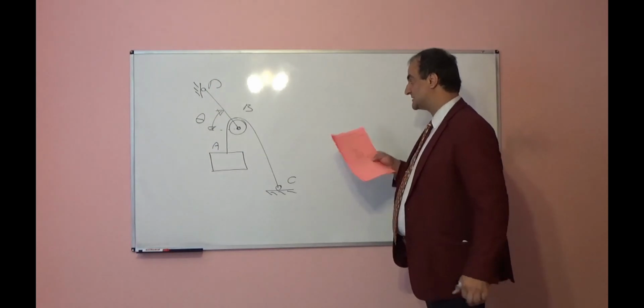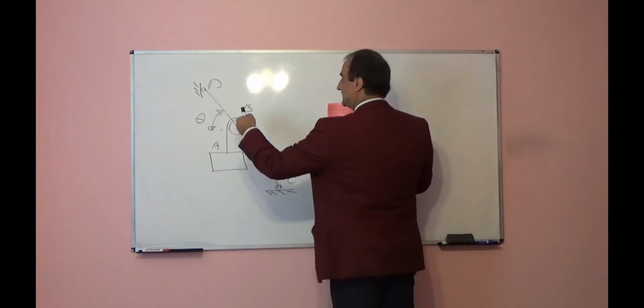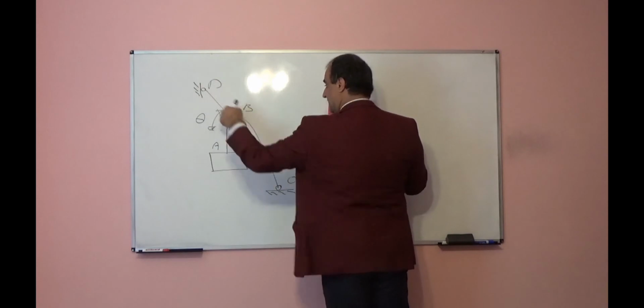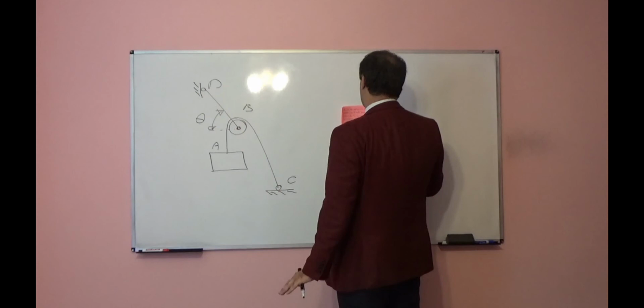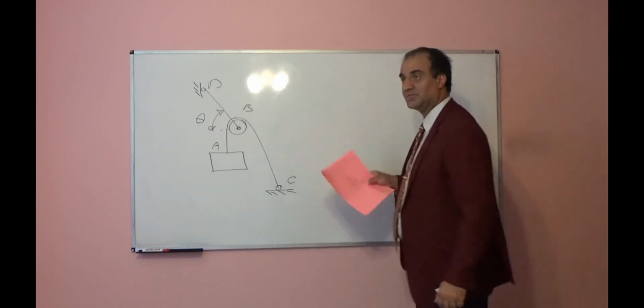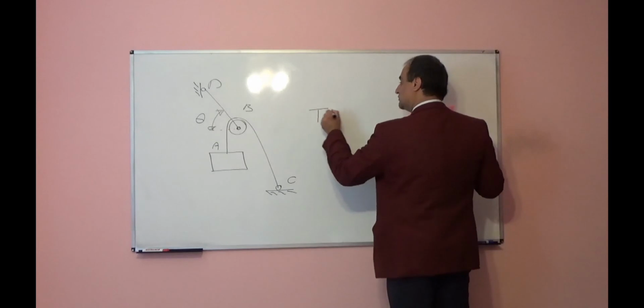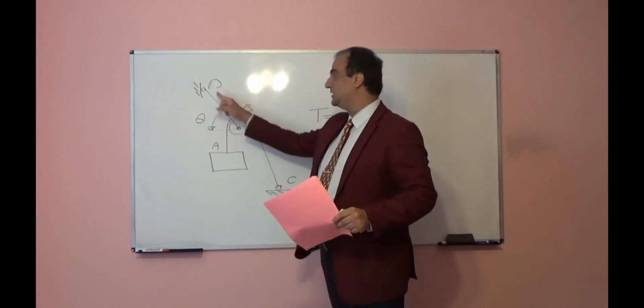The cord ABC, this is one cord or rope, and the cord BD comes from the support on the wall to the center of the pulley. Each supports a maximum load of 100 pounds. So we have 2 ropes. One of them ABC, another BD.